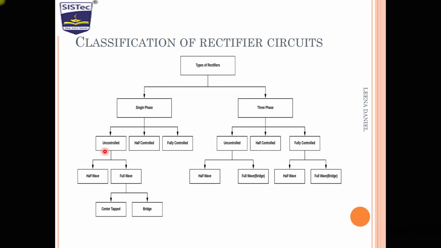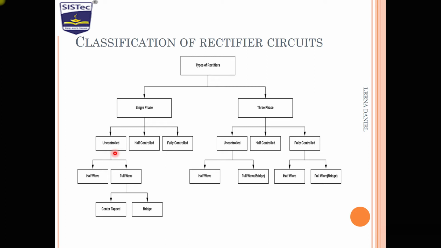Single phase rectifiers can be uncontrolled, half controlled or fully controlled. We know the meaning of uncontrolled and controlled. The difference is that if we design the rectifier with diodes, that circuit is uncontrolled because we have no gate control in that circuit.